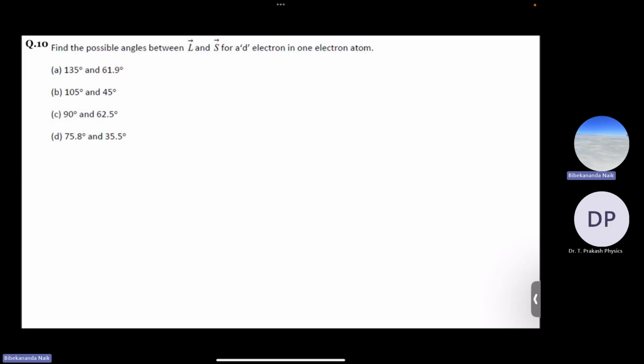Then for this term there will be different values of L, S, and J. Then we will put those values in to calculate the angle between L vector and S vector. The options given are 135 and 61.9 degree, 105 and 45, 90 and 62.5, 75.8 degree, and 35.5 degree. So please calculate. Then I will discuss.